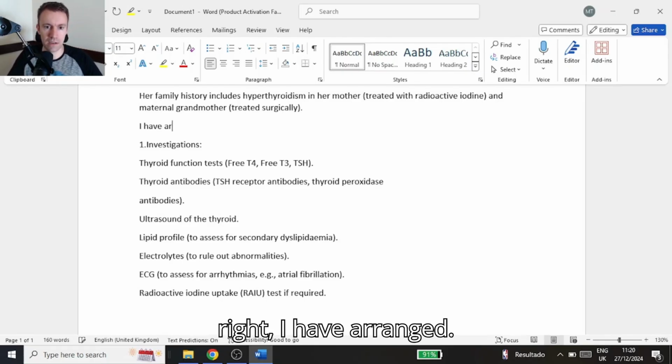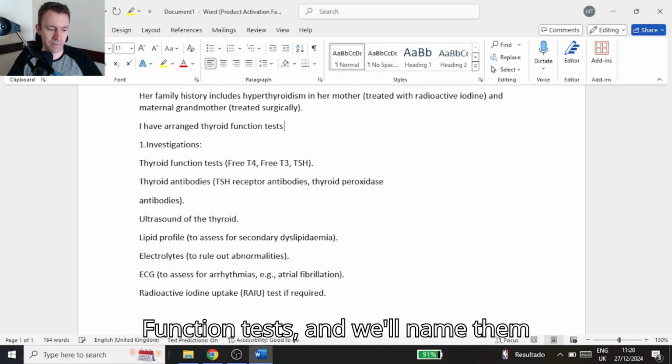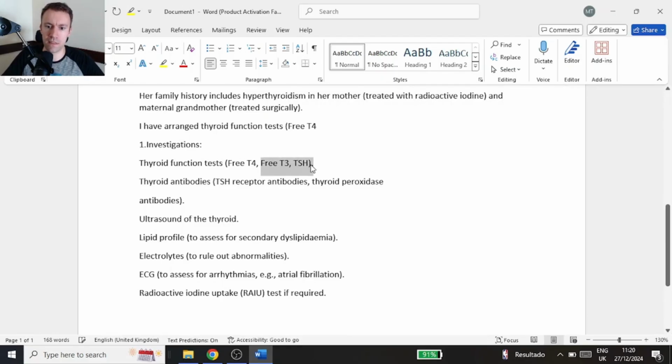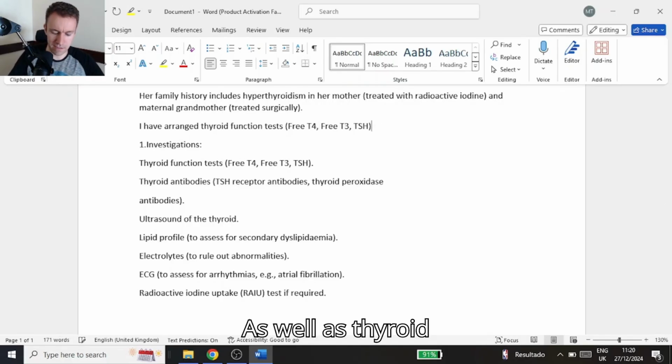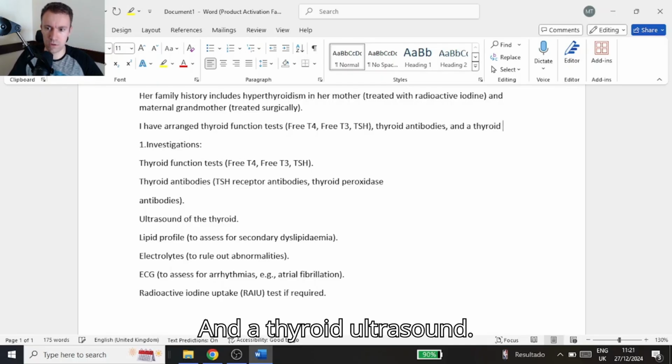So we'll write, I have arranged thyroid function tests, and they'll name them in brackets, we can just copy and paste all this, can't we? Okay. As well as thyroid antibodies and a thyroid ultrasound.